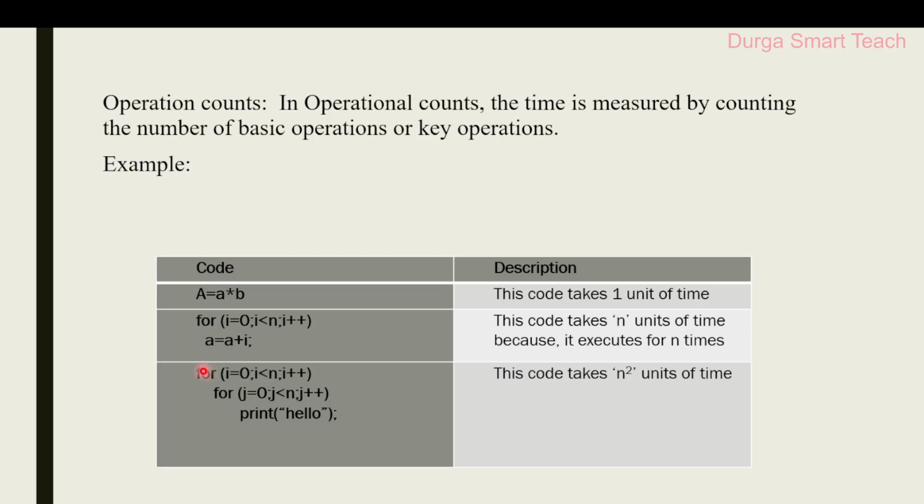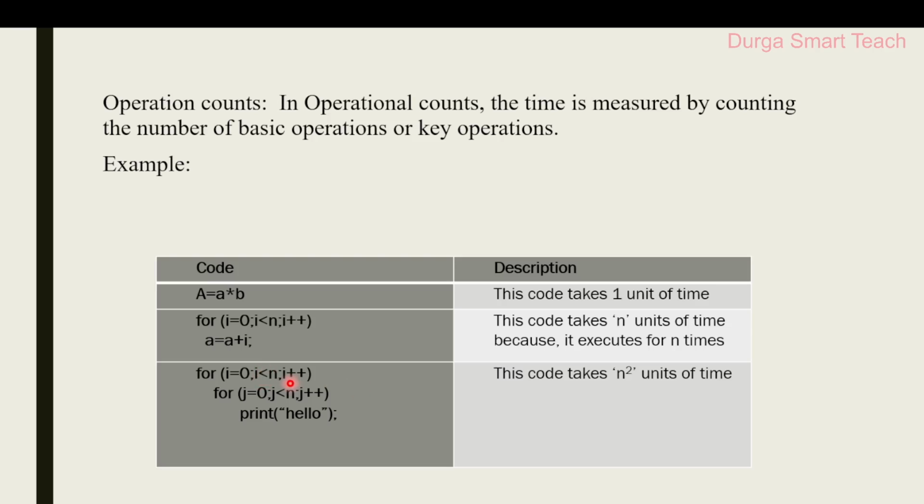So let's see another scenario. It contains two loops. This is known as a nested loop. The loop which is inside another loop is known as a nested loop. I is equal to 0, I less than n, I plus plus. Next, if the condition is true, then it goes to the one inside another loop. J is equal to 0, j less than n, j plus plus. Next, it will execute the statement.